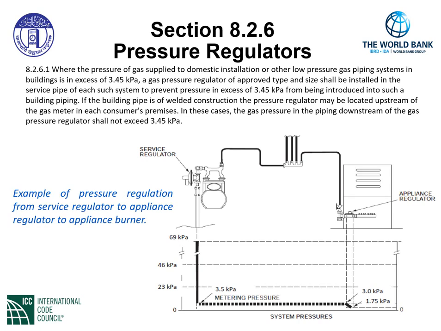From that point, looking at the bottom of the pressure profile, we have a loss in pressure. It went from 3.5 kPa to 3 kPa of pressure as it enters the inlet of the appliance regulator.